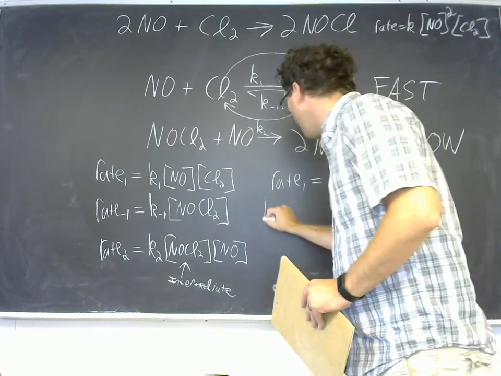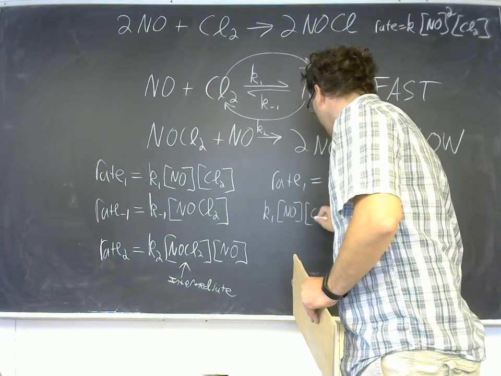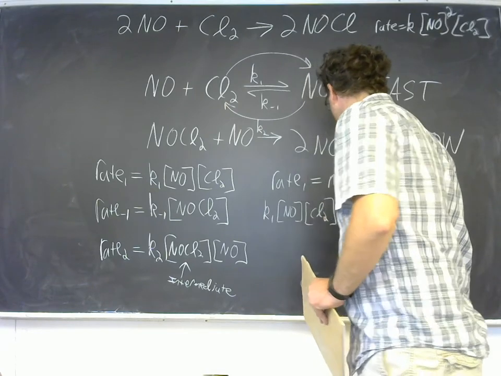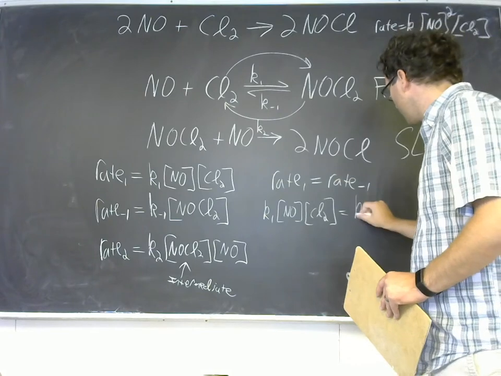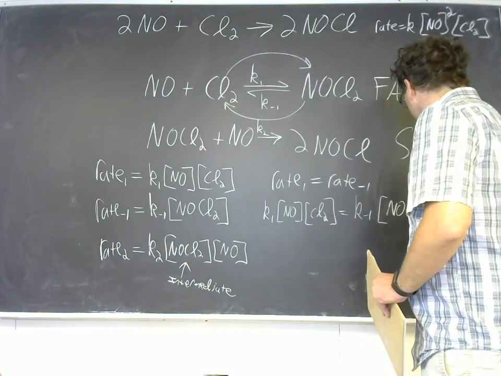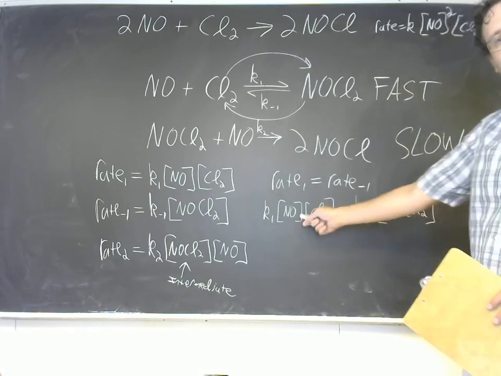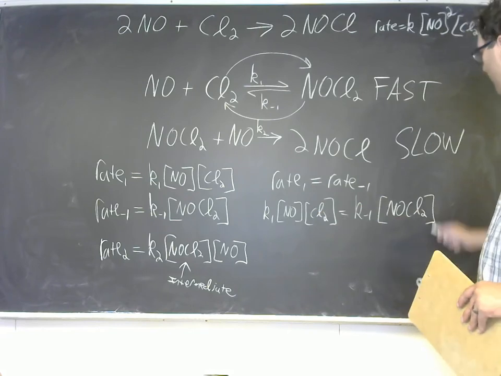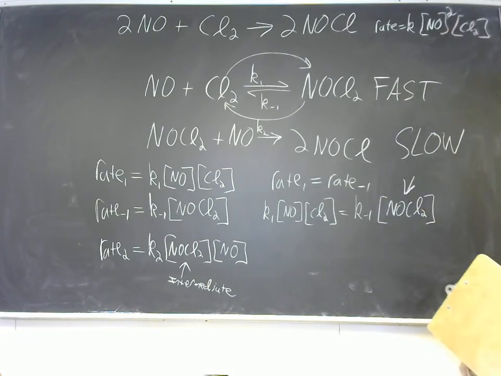And here we have rate 1, so k1 times the concentration of NO times the concentration of Cl2. And here we have rate -1. Rate -1 is k-1 times the concentration of NOCl2. Well, we can take this equality and solve for our intermediate concentration.